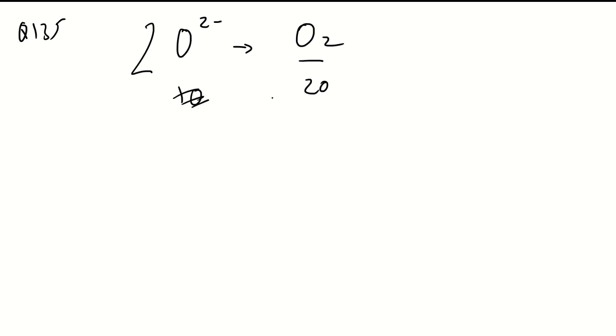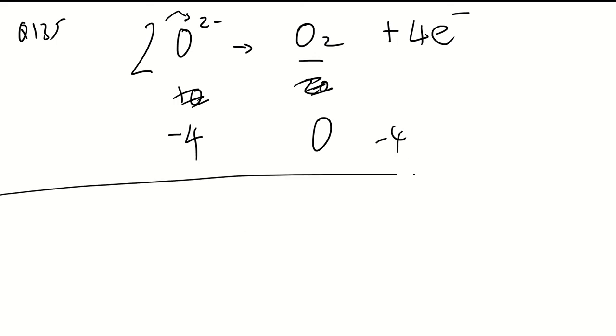Alright, now everything's balanced up, except the charges. Let's look at the charges. I have 2 minuses, so I have a -4 on the left, and I have no charge on the right, so I've got to have 4e minus there, and that gives me now -4 on the left and -4 on the right both.